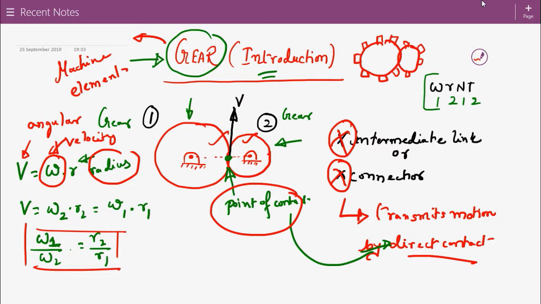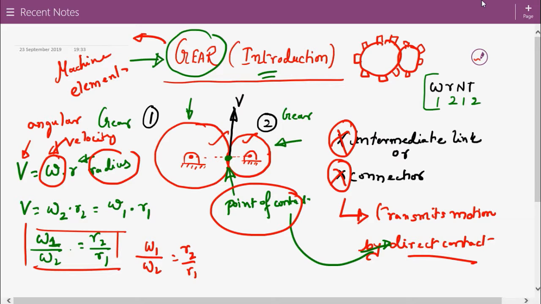It will mate with each other, and hence the number of teeth also can be helpful in determining the circular velocity or the radius. So in terms of this ratio, omega 1 by omega 2 equals r2 by r1, we can also write in terms of t2 by t1, okay.